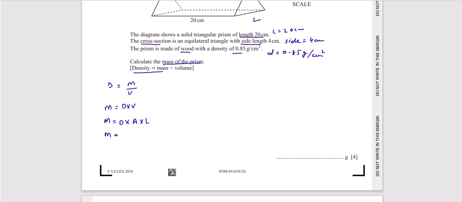The area of the equilateral triangle is square root 3 divided by 4 multiply S square, side multiply by side, multiply L.